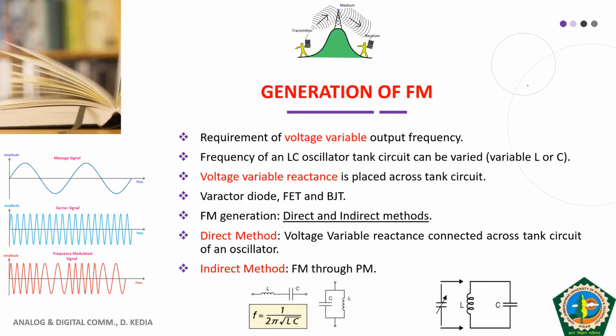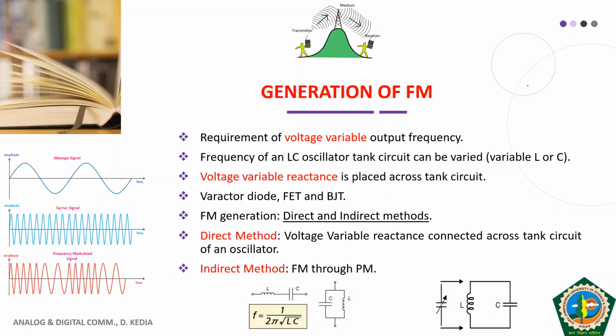We have talked about the modulation index of FM. We have talked about the spectrum of FM. We have also tried to understand phase modulation. Then we have also talked about the difference between phase modulation and frequency modulation. So one or two small concepts are also left behind, but those will be covered as we progress further into our discussion on frequency modulation.